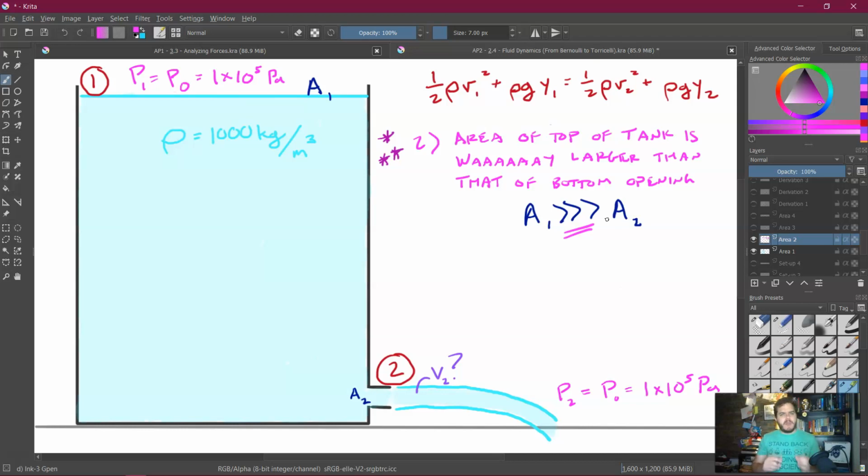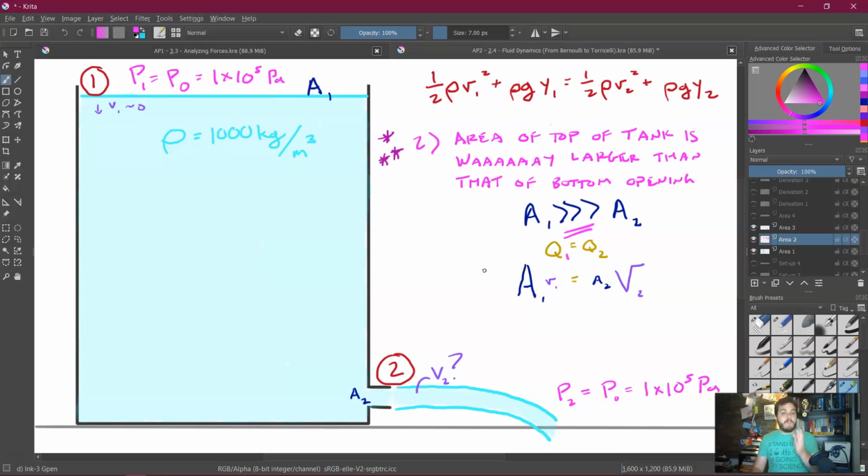But we know from the continuity equation that if the cross-sectional area of a flow is much bigger, then the water should flow much slower. And if it is narrower, it should flow much faster. So what this allows us to do is say the volume flow rate at point 1 and point 2 is the same. So therefore, if I have the cross-sectional area of 1 being way bigger than the cross-sectional area of 2, then the fluid velocity at 2 should be way bigger than the fluid velocity at 1.